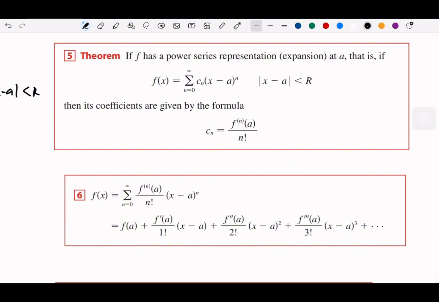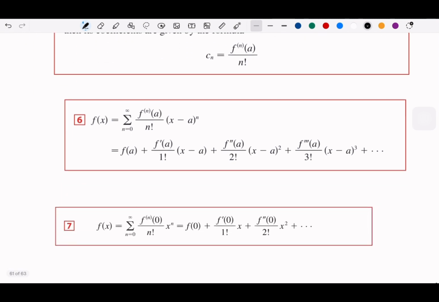Okay. Now, if A is equal to 0, we get another term, which we call with another name. This is the Maclaurin. Okay. So this is the Maclaurin. So the difference is only in terms of the center.